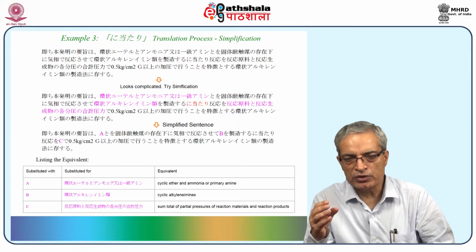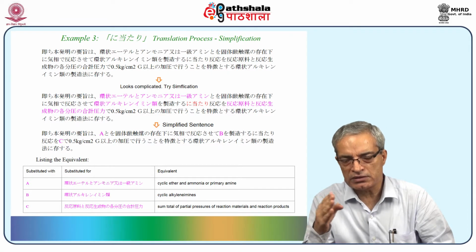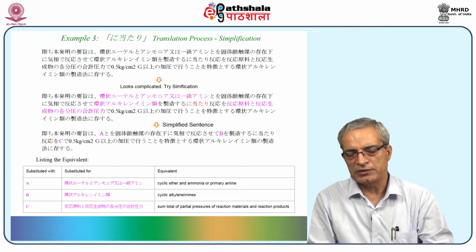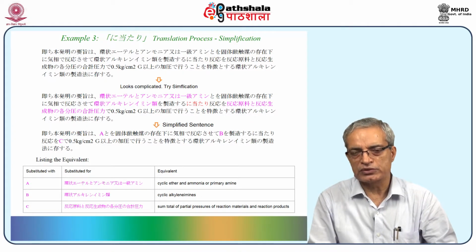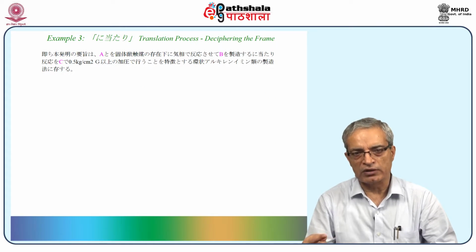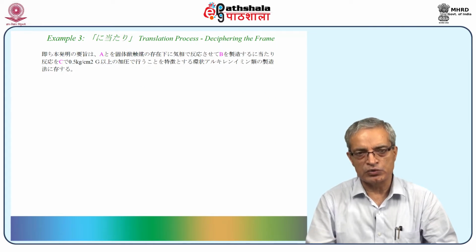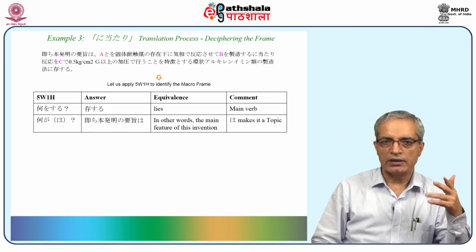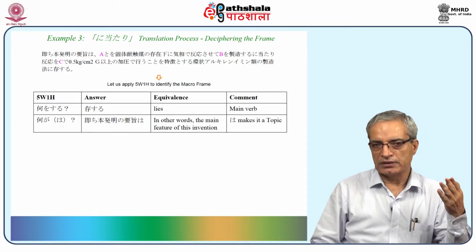We are not touching upon this clause, it can be translated separately, but since this has been done in one of the earlier modules, we skip this explanation. Now we have the equivalents for all the three here, ABC. These equivalents can be used at a later stage. We are into example 3, and this is a simplified sentence where ABC are the simplified portions.